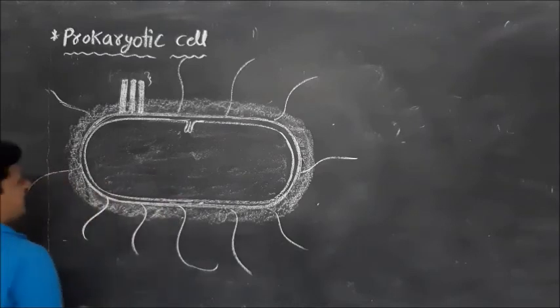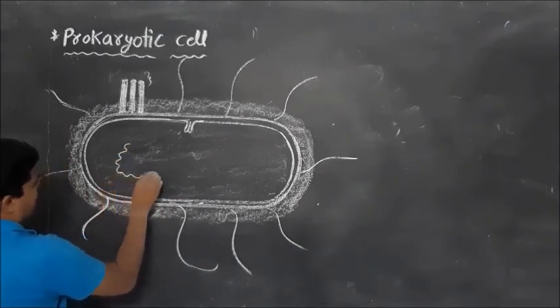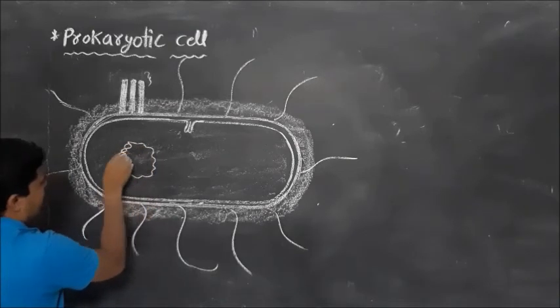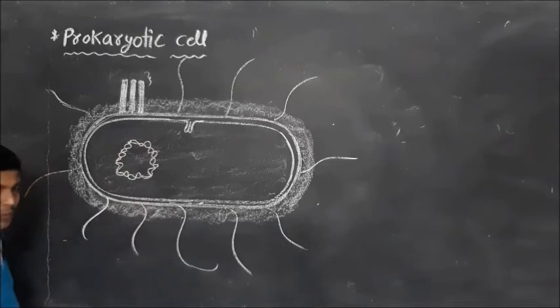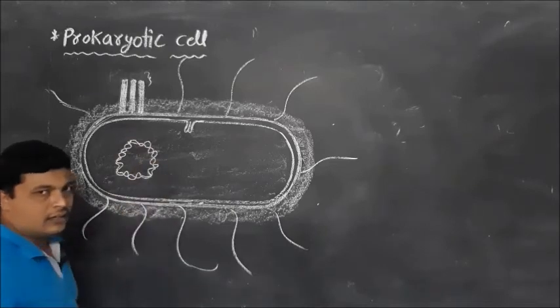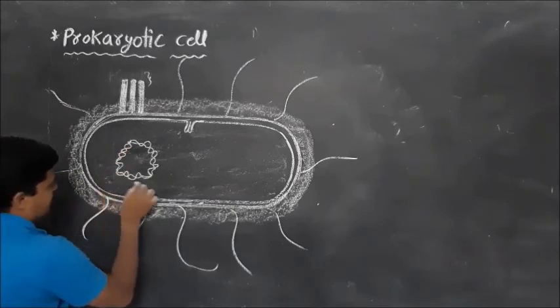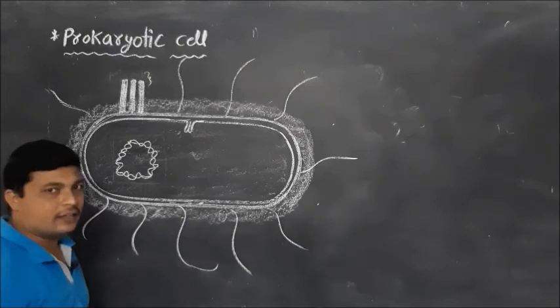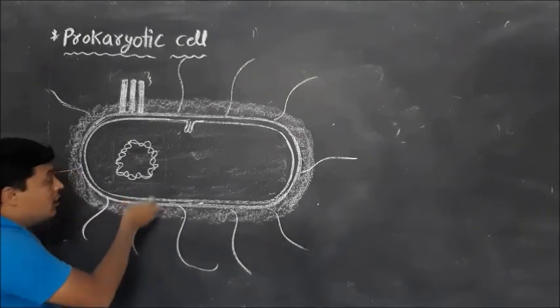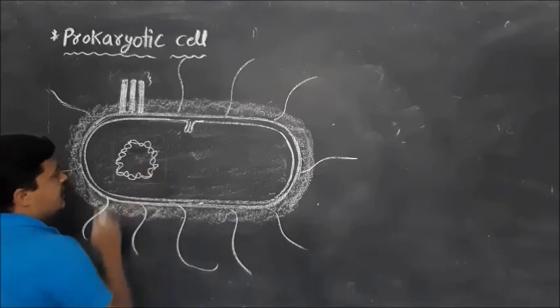Nuclear membranes are absent. That's why the double-stranded DNA is located in the cytoplasm. It is the DNA, deoxyribonucleic acid. This place where the DNA is located is called the nucleoid. Nuclear membranes are absent, but the DNA-located place is called the nucleoid.